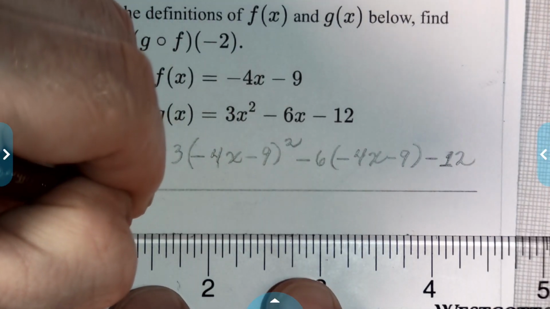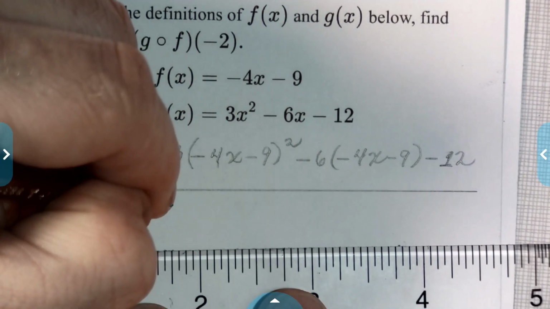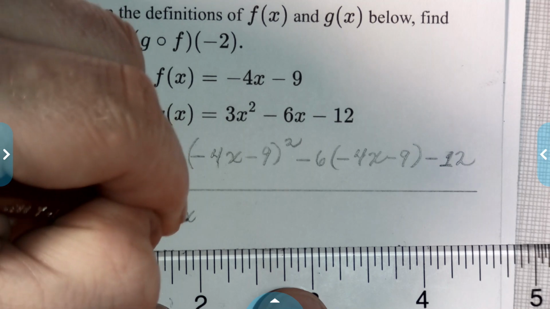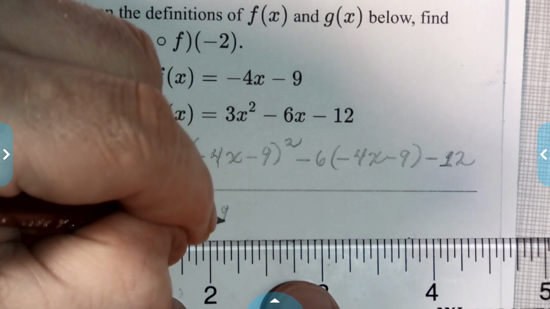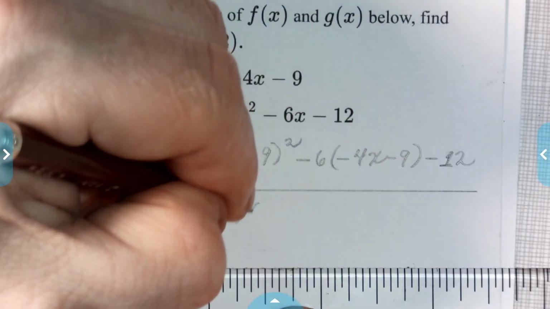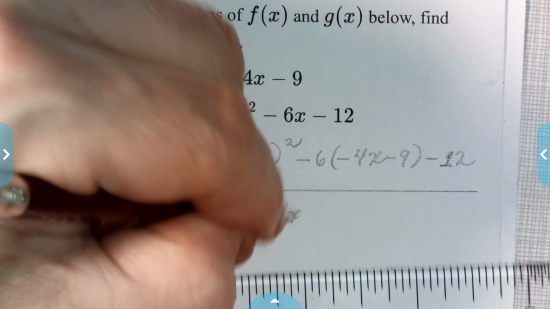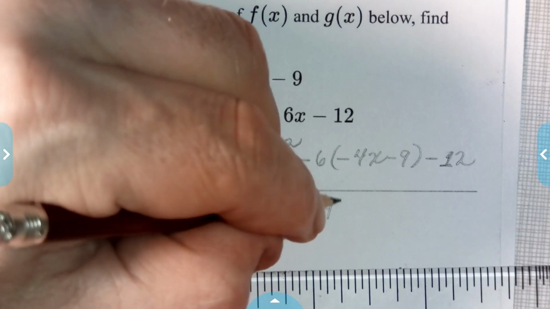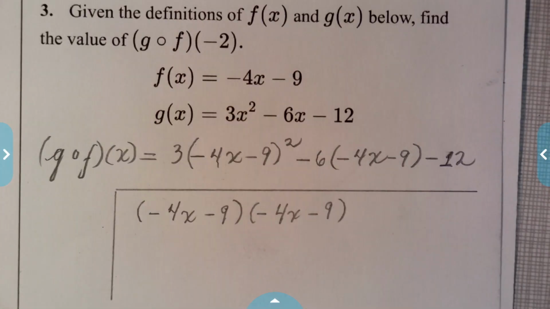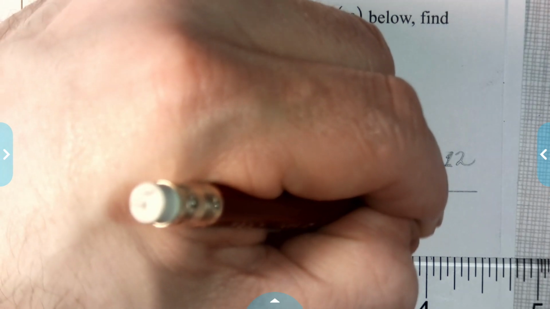So what you're really doing here, just in case that you forgot, it's negative 4x minus 9, and you're squaring it. Okay, so you're multiplying it by itself. Negative 4x minus 9. And it's first, outer, inner, last. F-O-I-L. FOIL.